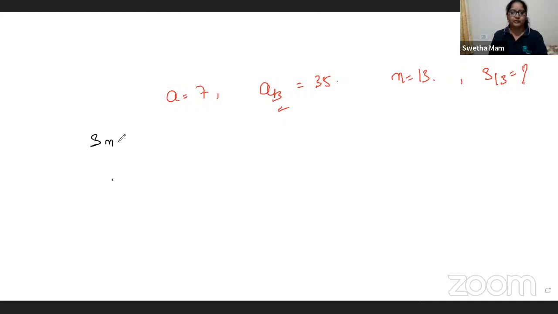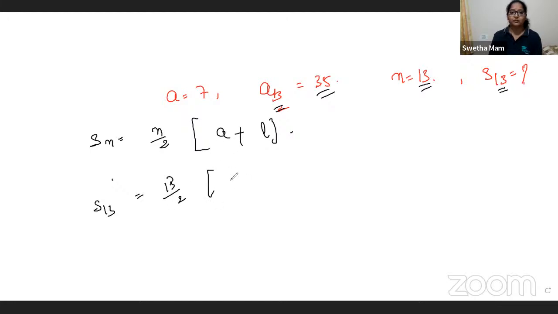Okay, you know the formula, right? Sn is equal to n by 2 into, since they have given the last term, n is 13 and here also it is the 13th term, you can write the formula A plus L. So S13 is equal to, what is n? It is 13 by 2 into A is 7 and the last term or AN is 35, right?